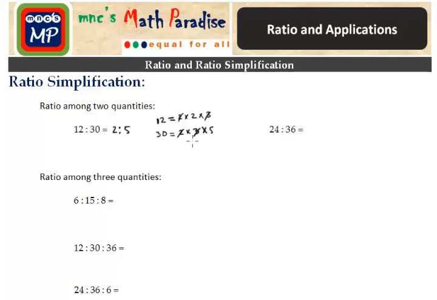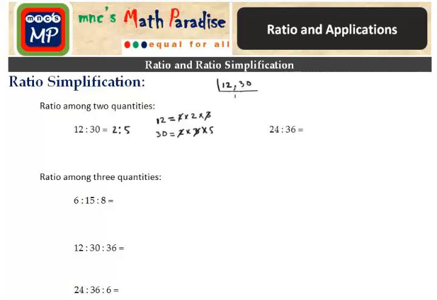Another approach is to write 12 and 30 with a comma. This is similar to finding LCM, that is lowest common multiple, or lowest common denominator, LCD, but not quite the same.